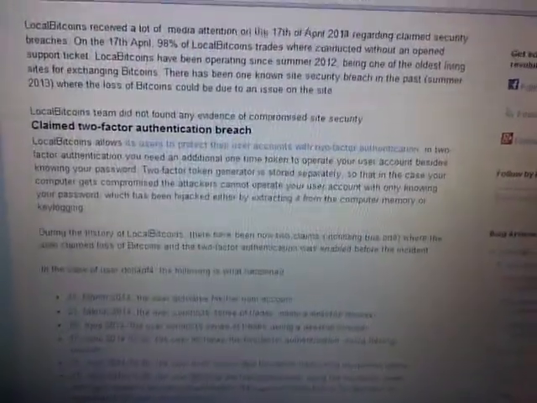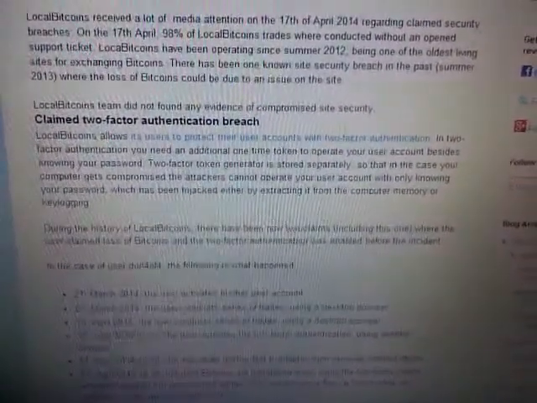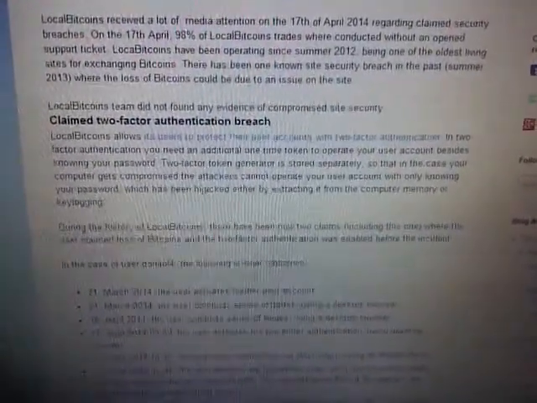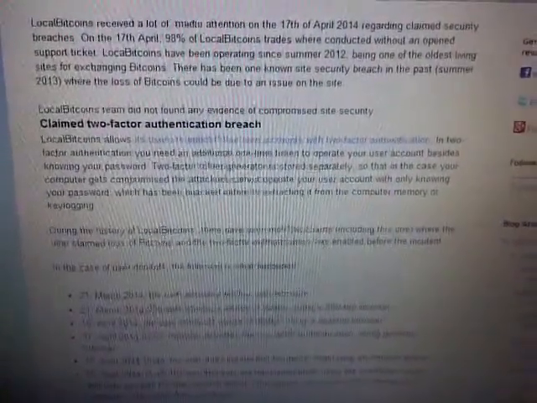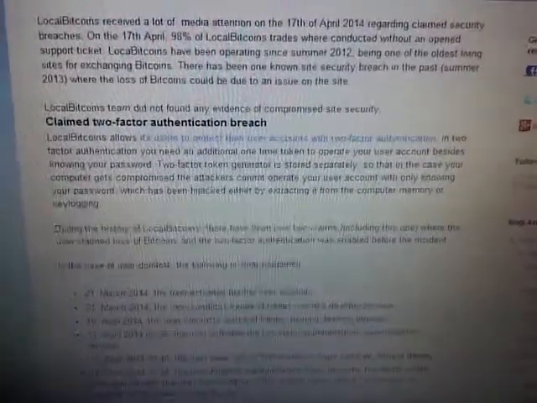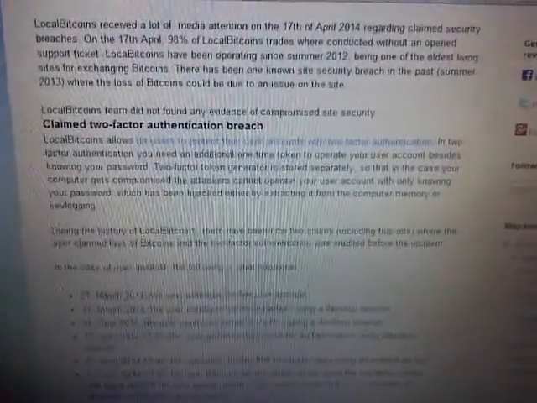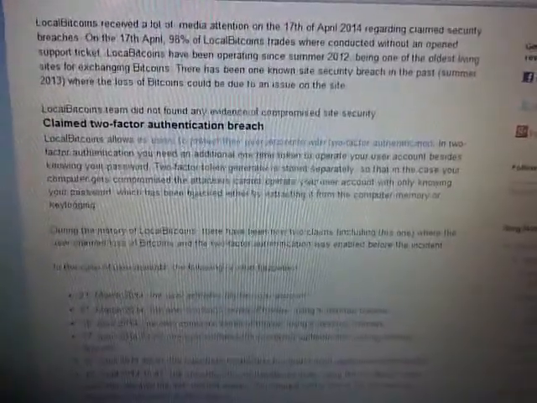Another way I know that Bitcoins are real, that they hold real value, that they are worth something, is the fact that there are so many cyber terrorists and financial terrorists out there trying to get your Bitcoins. That's how I know that Bitcoins are truly valuable.